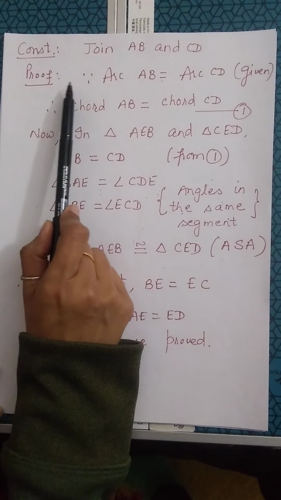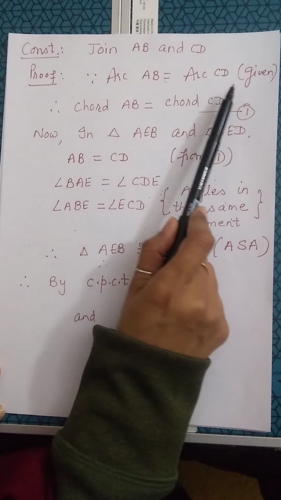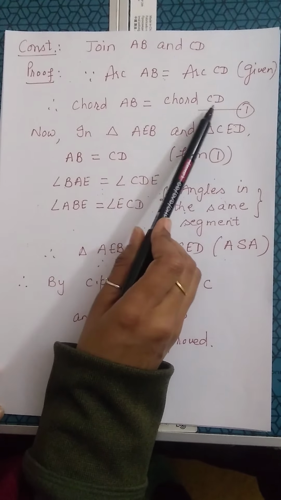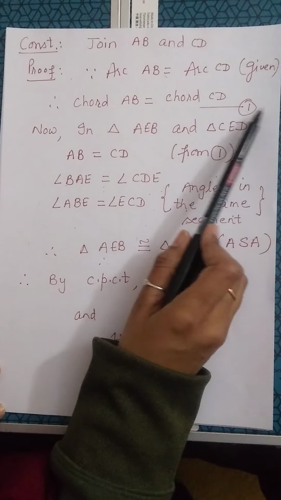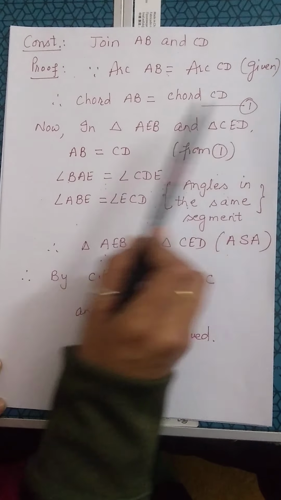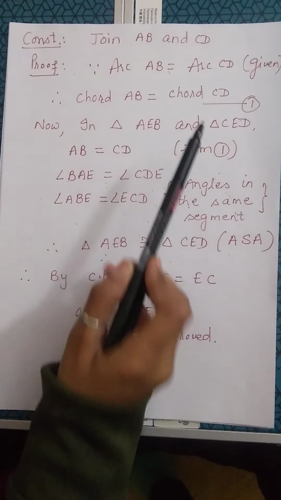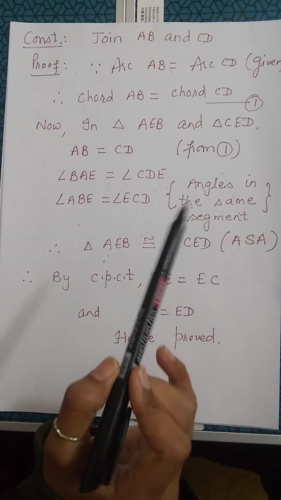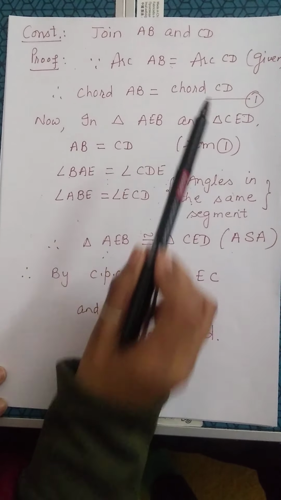Now the proof. Because arc AB is equal to arc CD, this is given, this implies that chord AB will be equal to chord CD. I will name this as equation number 1. Now in triangle AEB and triangle CED, AB is equal to CD, we have proved above.